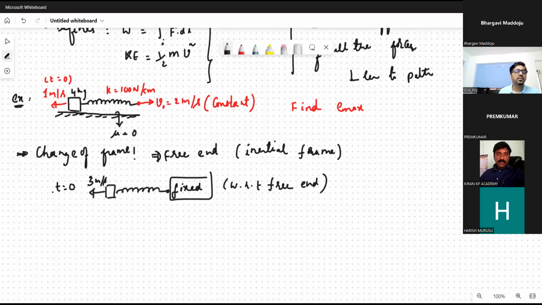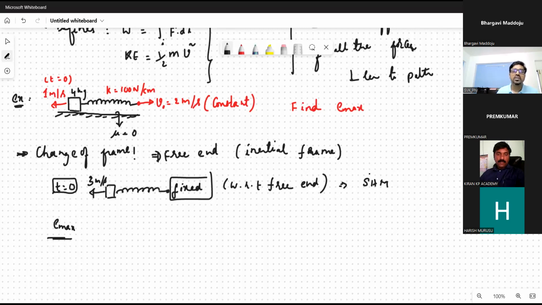Now, what is he asking? Maximum extension he is asking. So the moment they ask you to find maximum extension, you see that only the block will be moving. Block will be oscillating here. It is going to go in simple harmonic motion because one end is fixed now. In this frame, the motion is very simple. Only the block is moving with initial velocity 3 meter per second, back and forth.